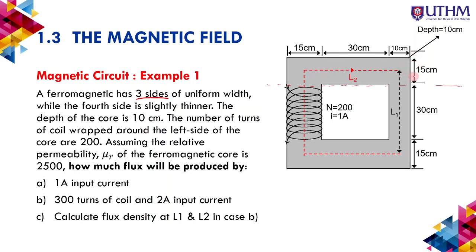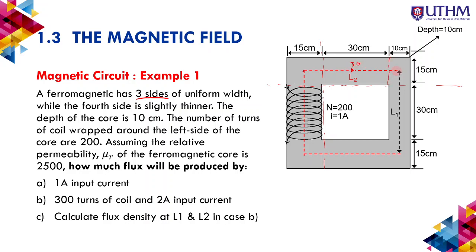Since the width is 15, constant for this side, from here to here you can use the same calculation. But don't stop there. We look at all sides first. This one is also the same, 15. Why start from here? It is because of the mean path length, so you need to understand. This one is 30, this calculation is important.